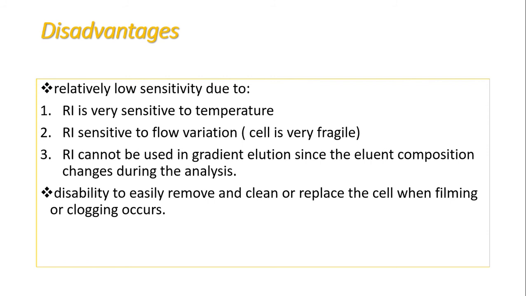It's affected by the temperature. RI is also sensitive to flow variation. The cell in the equipment is very fragile, so we must be careful when dealing with this type of RI.